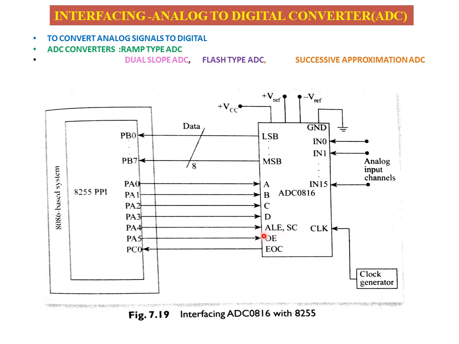Once output enable is received by the analog to digital converter, it places the data on the data bus, which is received by the 8255 interface unit through port B. Like that, the ADC will convert the input voltage to the output digitized data.